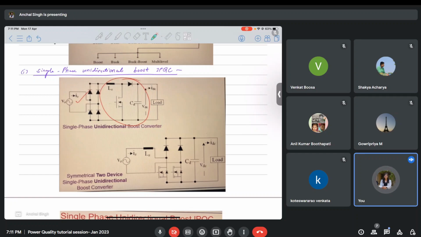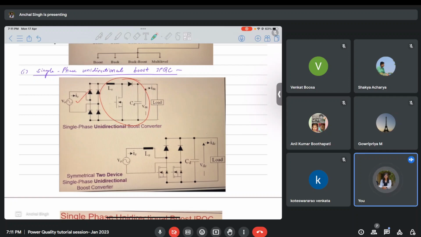You use a diode bridge rectifier to obtain the DC at this point. Then using the boost converter, you convert this DC into another form of DC which is higher than the input voltage, and then you apply that across the load. This is called a single phase unidirectional boost IPQC.